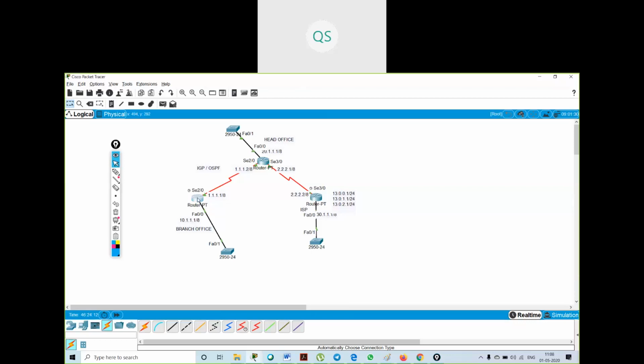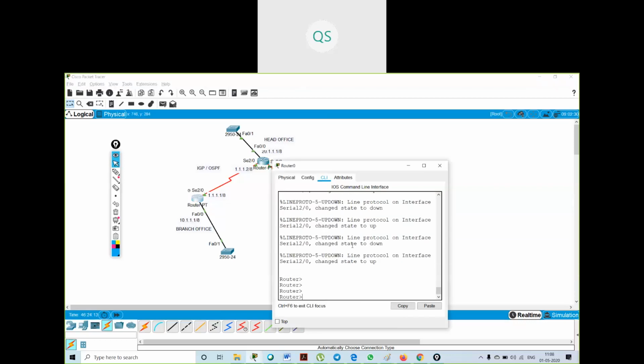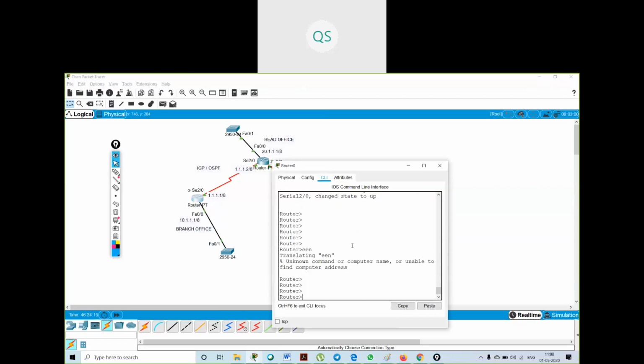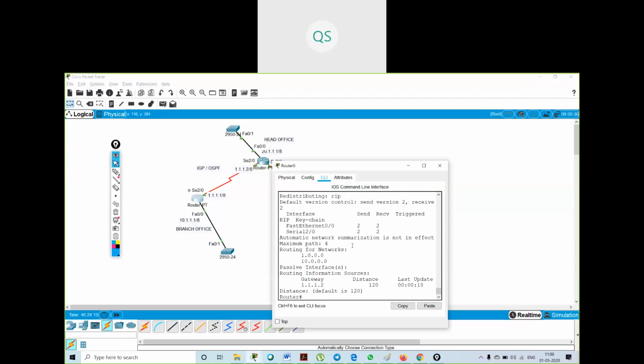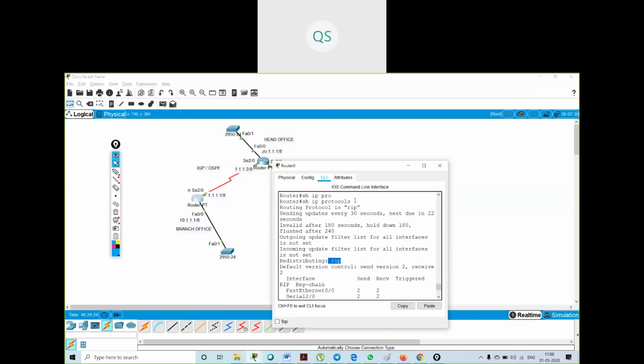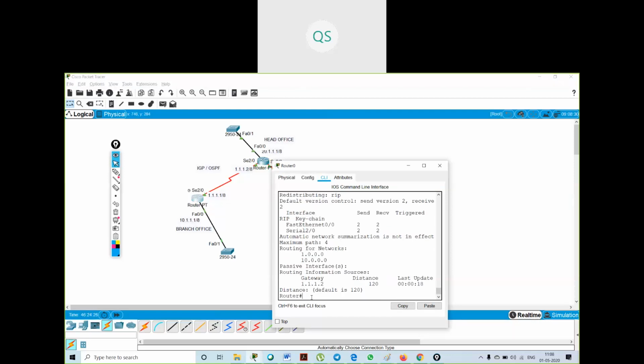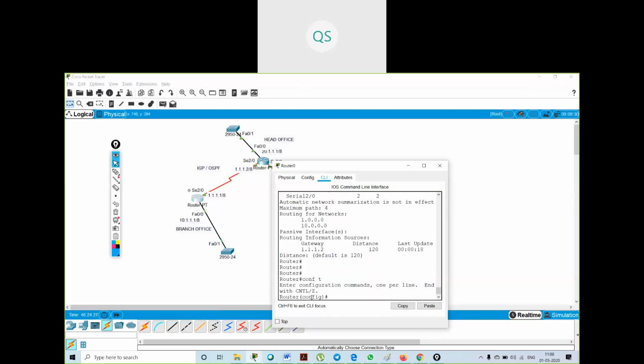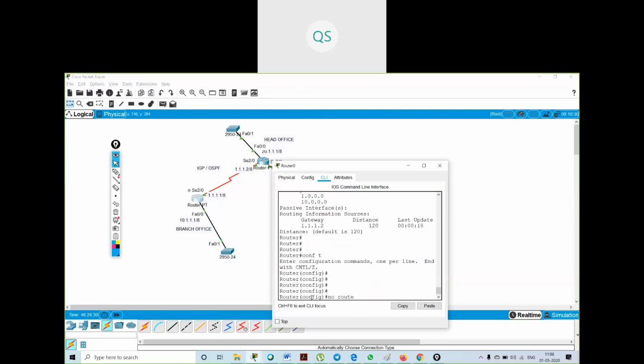So I will go into the router and see show IP protocols. I'm running RIP, and redistribution is there. So I will remove the RIP. I will say no router RIP. Once I say no router RIP and show IP protocols, there will be no protocol configured.